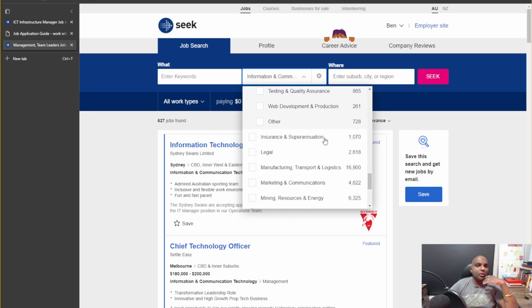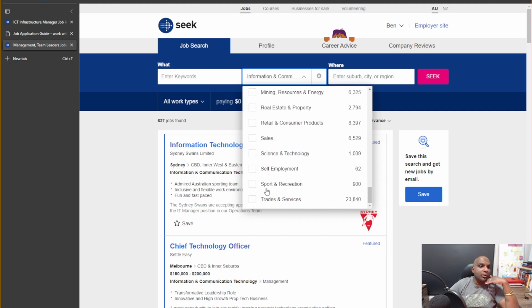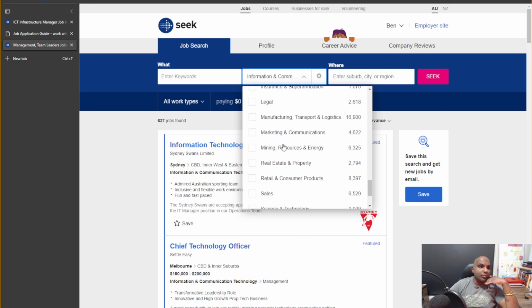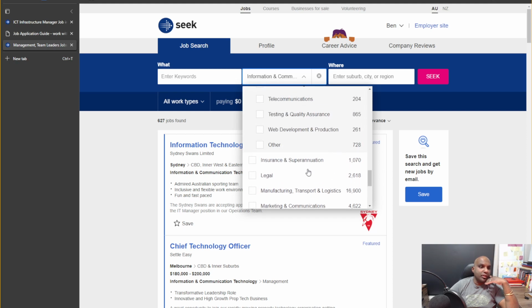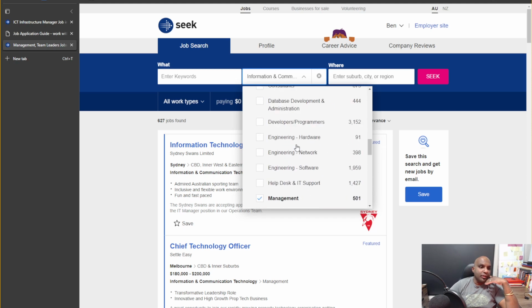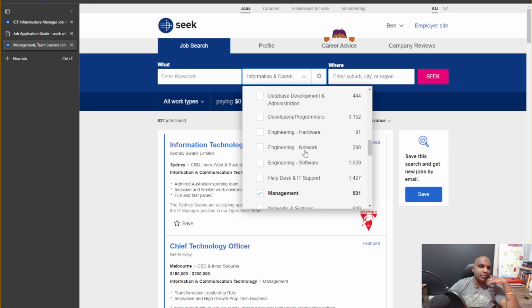Now if I was also looking at engineering roles, I would look at those as well. There would be some engineering roles and engineering management roles in there, but unless they've miscategorized, most of the management for IT and technology would be in management and team leaders here.